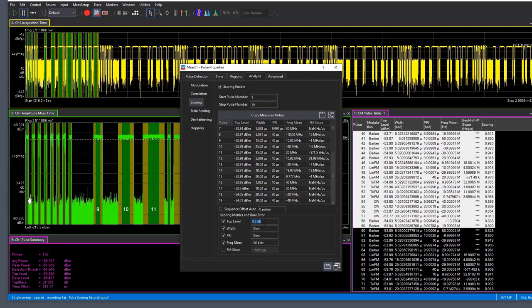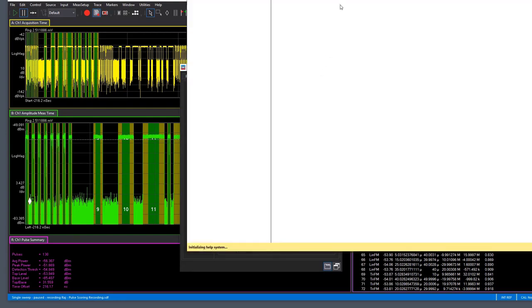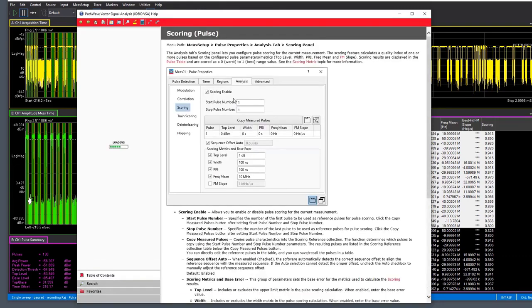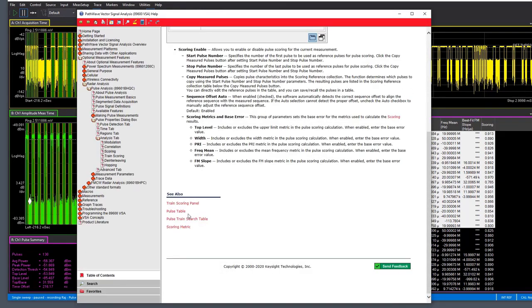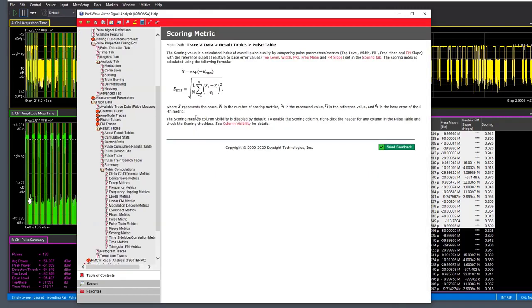And the base error is basically a weighting factor for each metric into the overall equation for the pulse scoring algorithm. And if you want to see that equation in more detail, you can easily go into the help dialog, and by pulling that up, we should be able to view what that looks like. So we're going to go into scoring metric, and we see here that the score is the exponential of the negative error RMS.